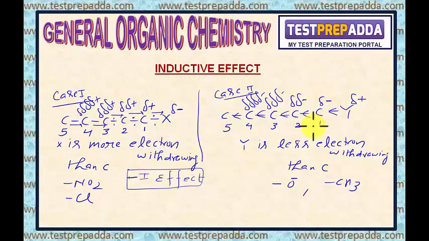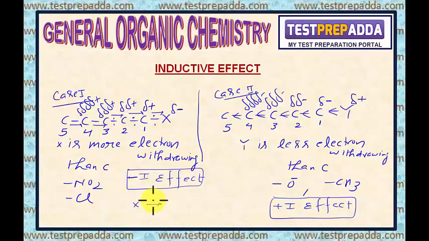And here the electron density of carbon increases. It is known as plus I effect. And this X is known as minus I effect group, while this Y is known as plus I effect group. Minus inductive effect group, positive inductive effect group.